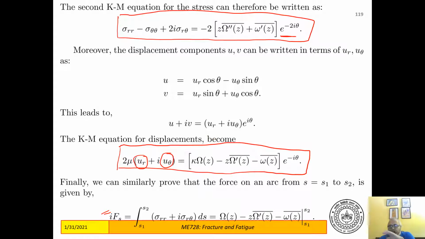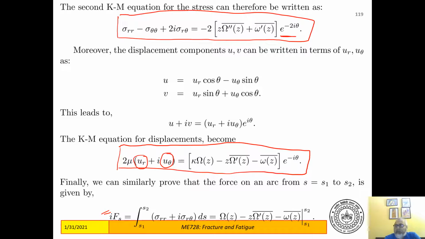Now, with all this and what we have learned about complex variable theory, especially contour integrations, residue theorems, and so on, you have to remember those results in order to appreciate the next few problems that we are going to do.